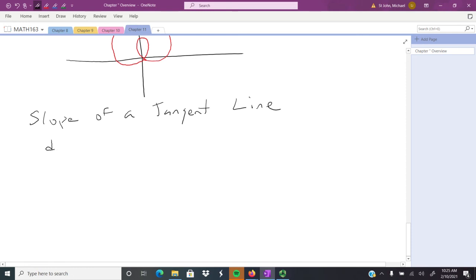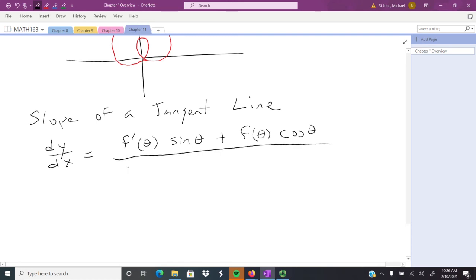So now we have this equation: dy/dx is going to be the derivative evaluated at theta, sine theta, plus the function evaluated at theta, cosine theta, over the derivative at theta, cosine theta, minus f of theta times sine theta.